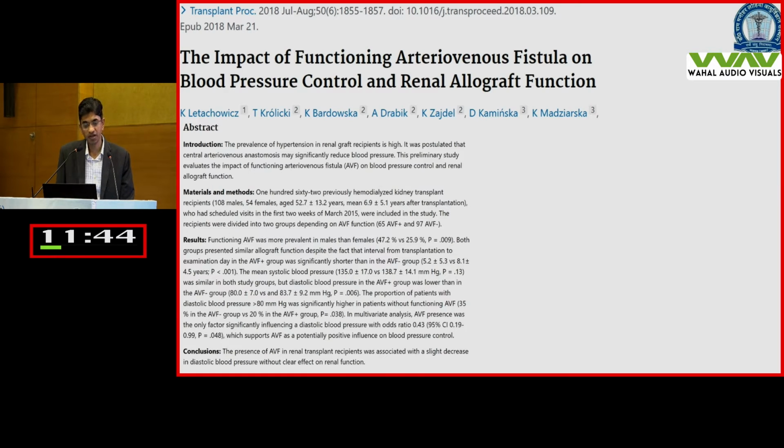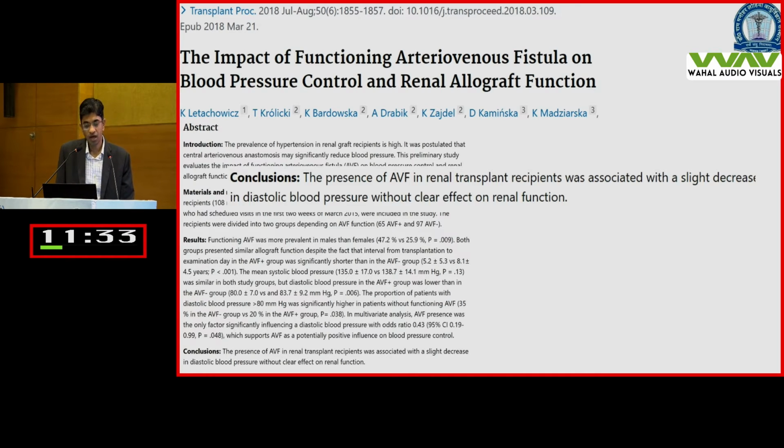Another study, by Letachevich et al., studied the implications of a functioning fistula on blood pressure control and renal allograft dysfunction. They showed that the presence of a fistula led to a slight decrease in diastolic blood pressure, but no impact on renal function as such.